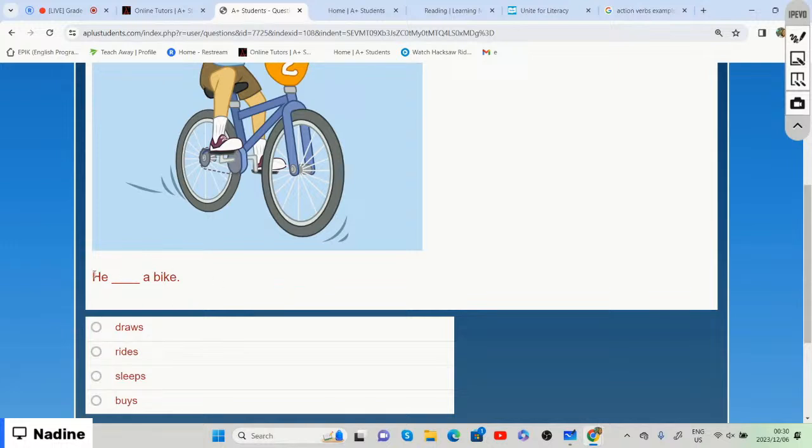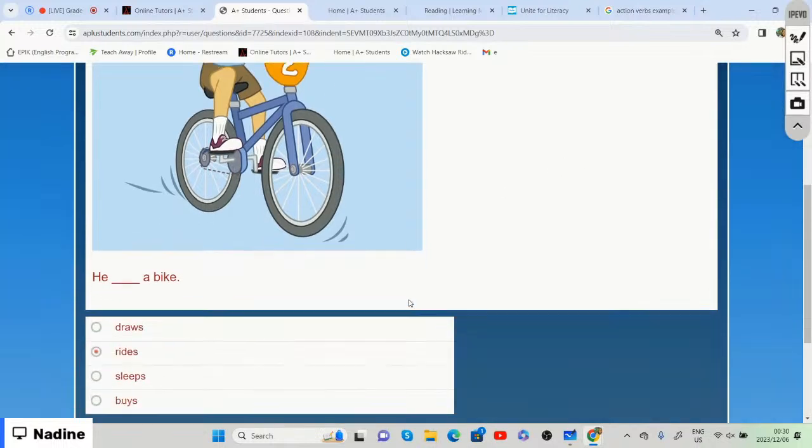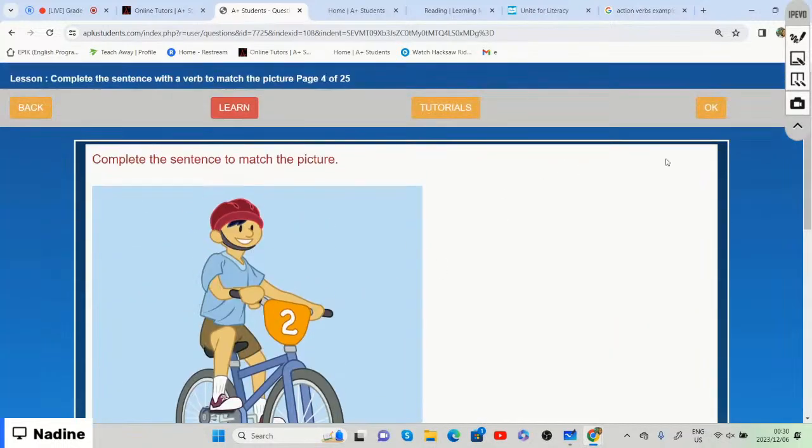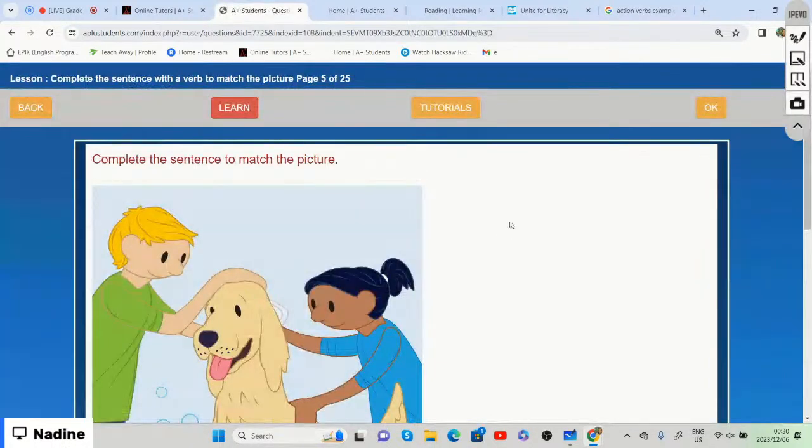All right, so we can say he rides a bike. So he's basically on his bicycle and he rides a bike. So they said ride, riding, or rides. Rides is correct.